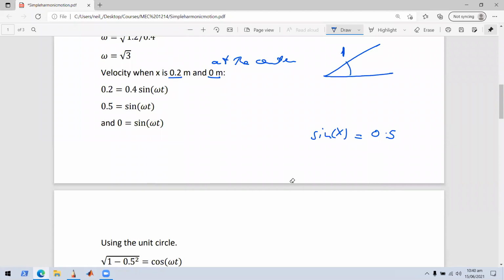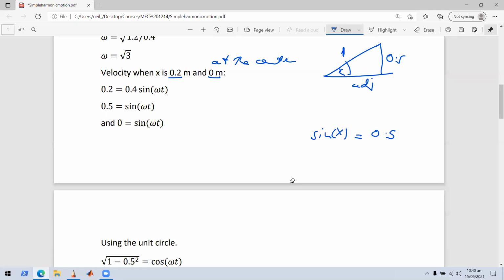The opposite, this here would be theta, or it would be x, because I just changed the variable. It would be x, this here would be 0.5. And the other side would be some unknown adjacent, right?